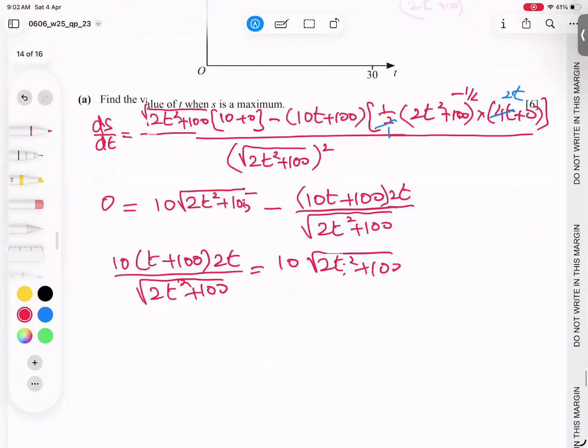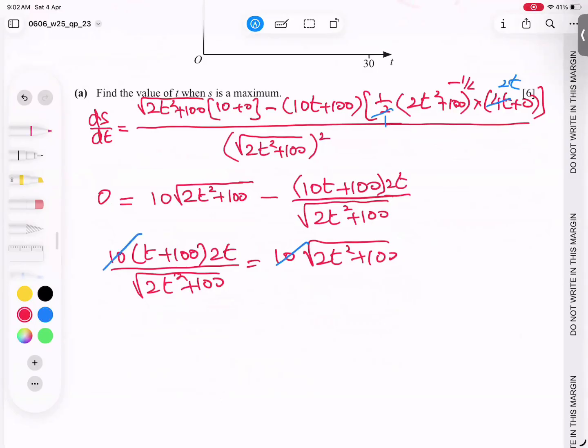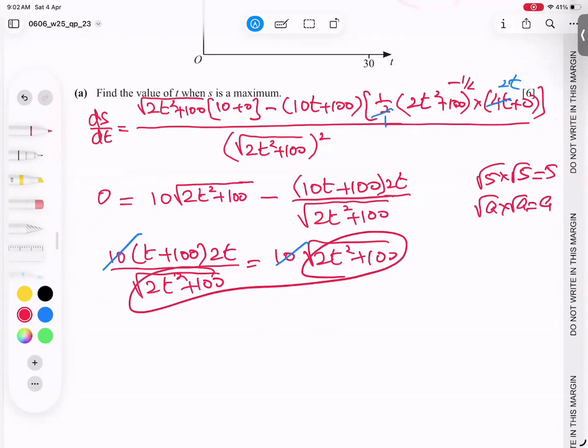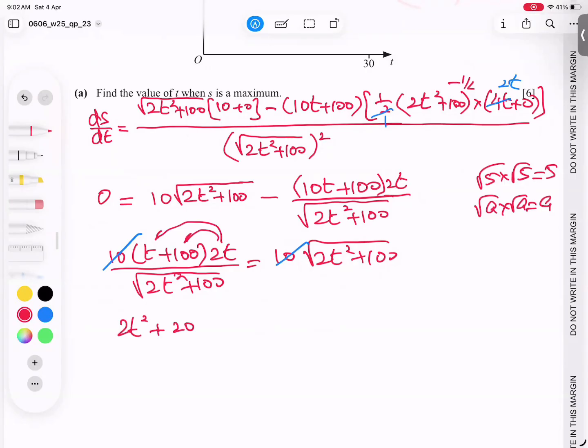I can see that this 10 and 10 cancel out, and this multiplies there. And do you know, students, root 5 into root 5? You can check in a calculator, it gives you 5. Root a into root a, you will get a. So when this multiplies with that, the root eliminates. And this I multiply inside with both values. I got t square plus 200t equal to 2t square plus 100. Now this cancels out.